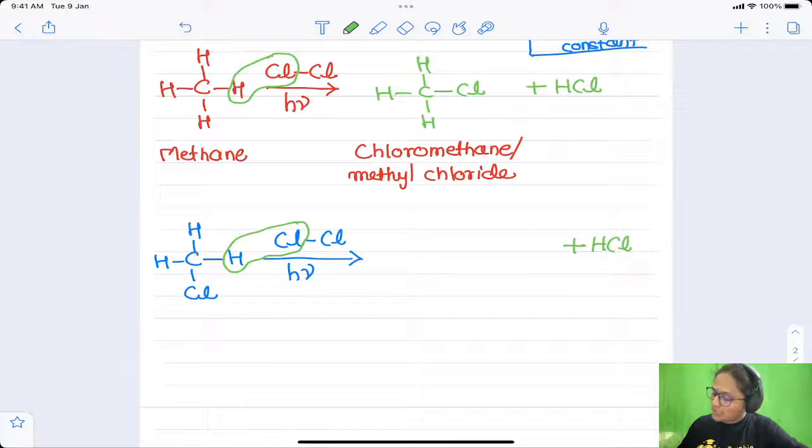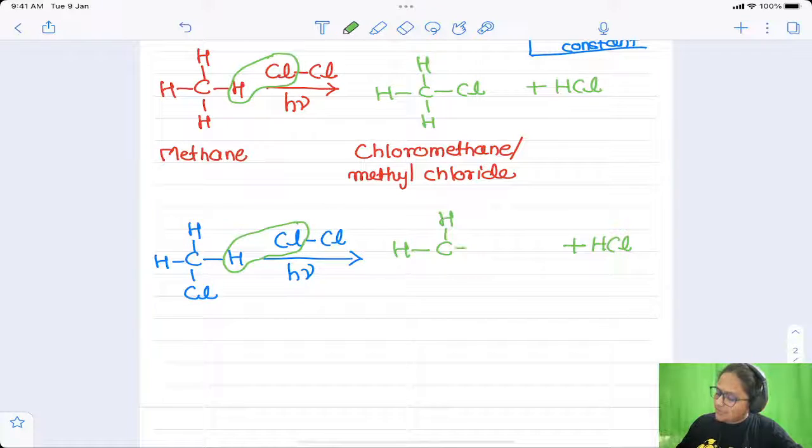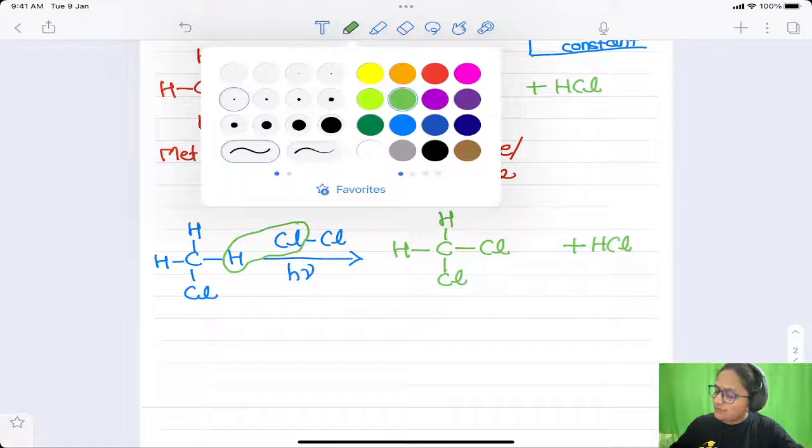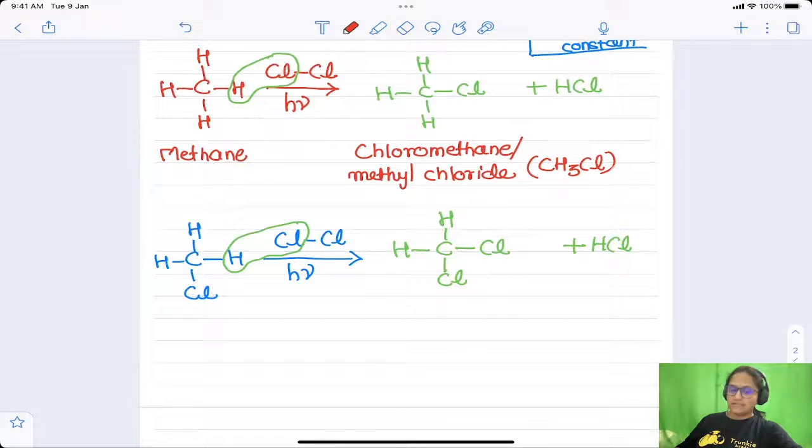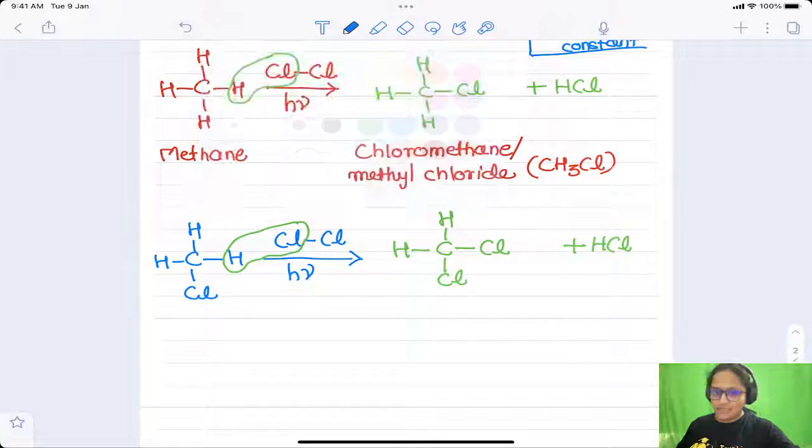What will be the product here? It is C, H, H, with 2 Cl attached to it. I forgot to write down the formula: chloromethane or methyl chloride is CH3Cl. Then the name of the compound obtained here is dichloromethane.